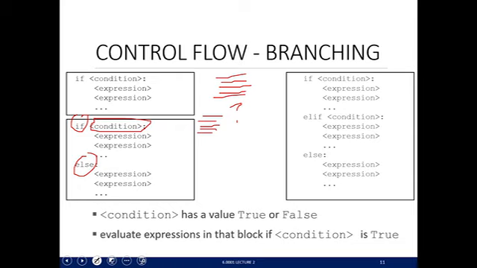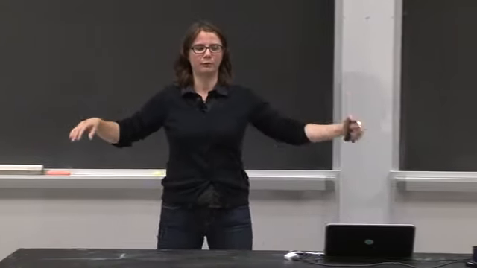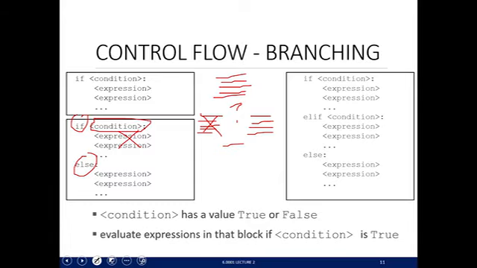Okay? But if the condition's not true, then I'm not going to execute that set of statements, and instead I'm going to execute whatever is under the else. So using this construct, I'm either going to do one set of expressions or the other, but never both. Okay? And after I've executed one or the other, I'm going to continue on with just the regular execution of the program.